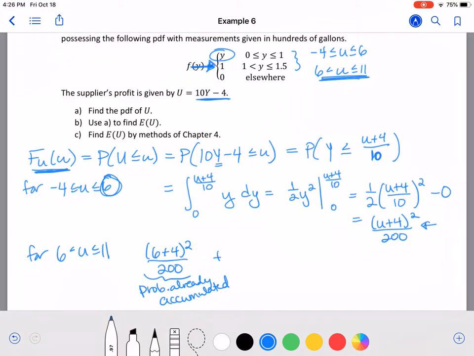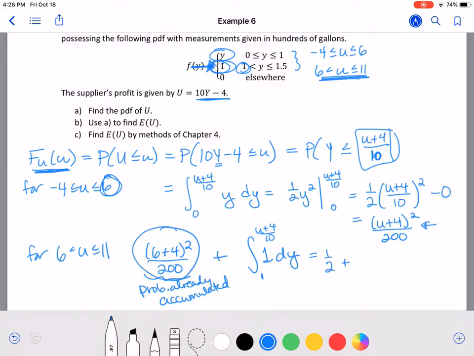Then we keep accumulating more probability according to integrating our new chunk, which is 1. And now what we're doing is we're starting at 1 and we're going up to the upper bound. So remember, we were looking at u plus 4 divided by 10. This probability already accumulated is 10 squared over 200, so that's 1/2.